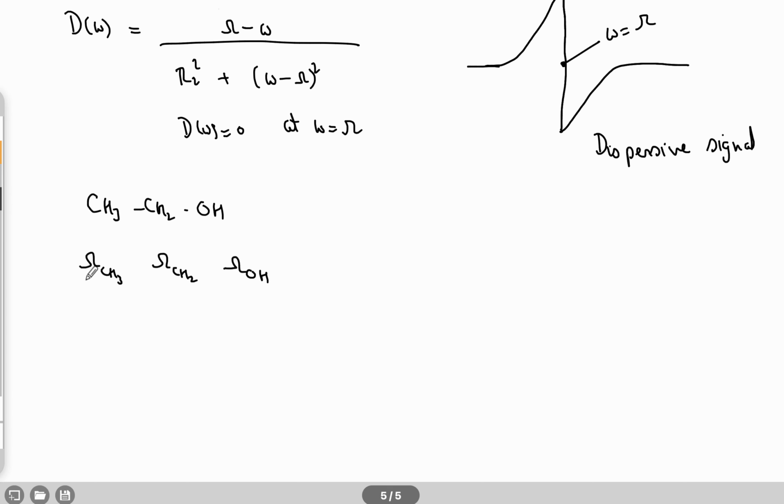Fourier transformation of each of these will give you a Lorentzian peak at the respective omega. And the complete spectrum will look like this. It will be an intensity plot against omega.